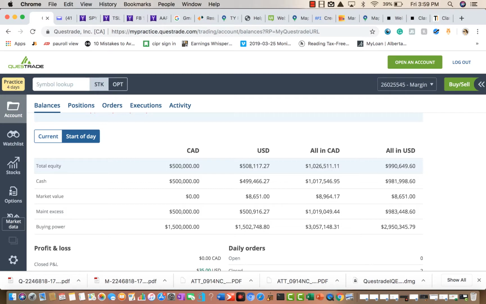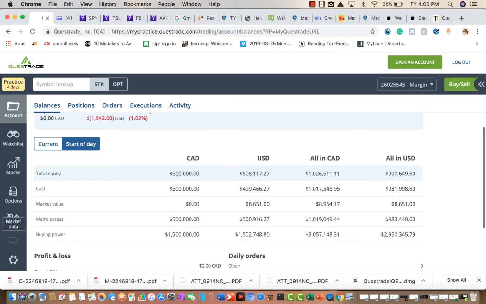At the start, I was given a million overall to start with, and right now it looks like I've grown my account by 26,000 Canadian since I opened this account.